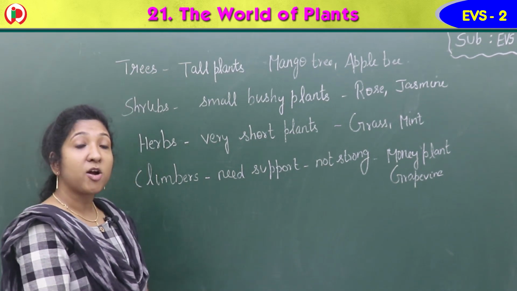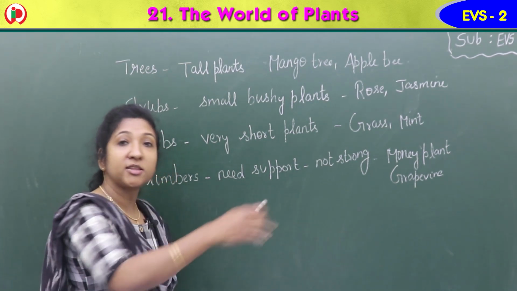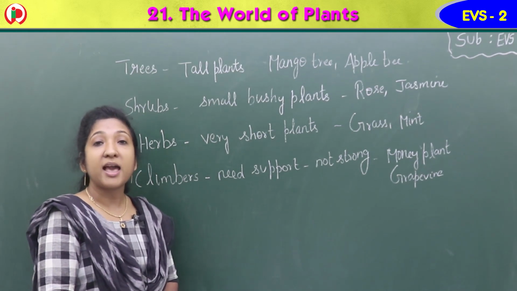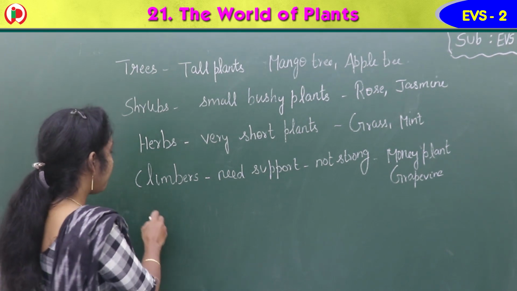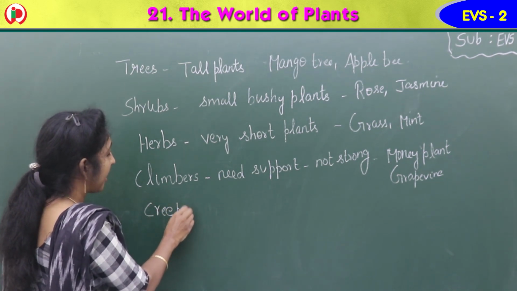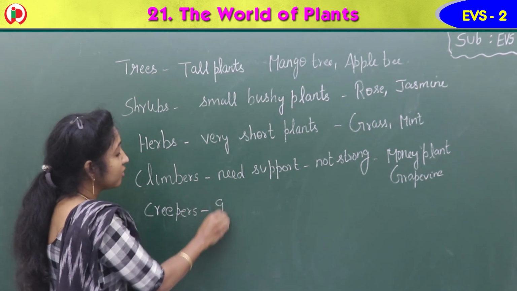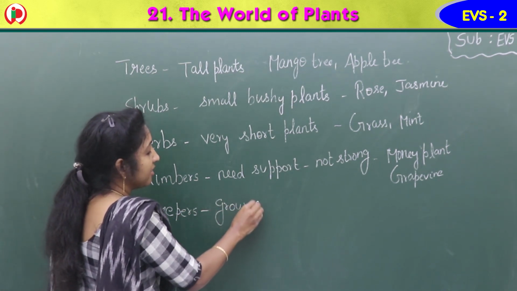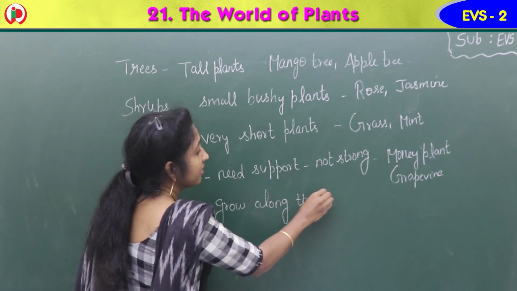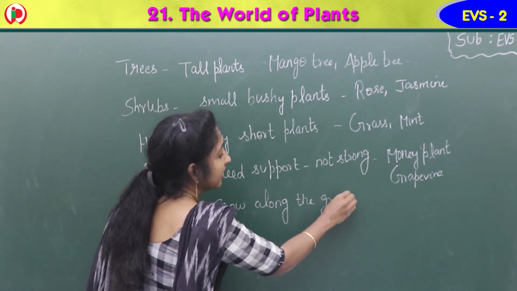Then we learned about some plants that grow along the ground or creep along the ground. They are known as creepers. Yes, creepers. C-R-E-E-P-E-R-S. Creepers. They grow along the ground. They are creepers.